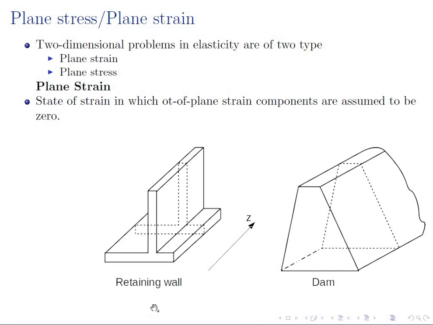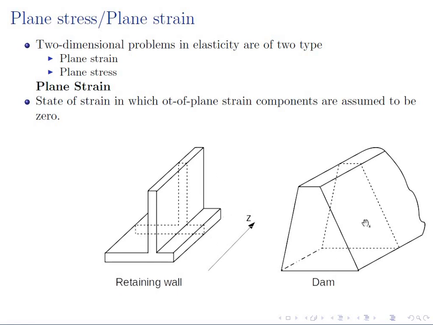For example, let's take the case of a retaining wall or a dam. The strains in the z direction can approximately be assumed to be 0. So we can analyze this retaining wall by simply considering the xy section of the problem.